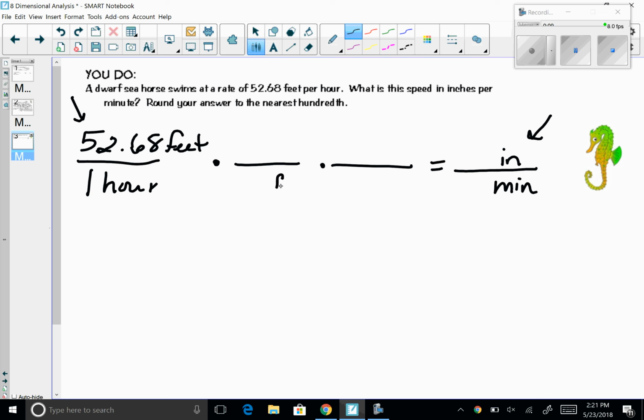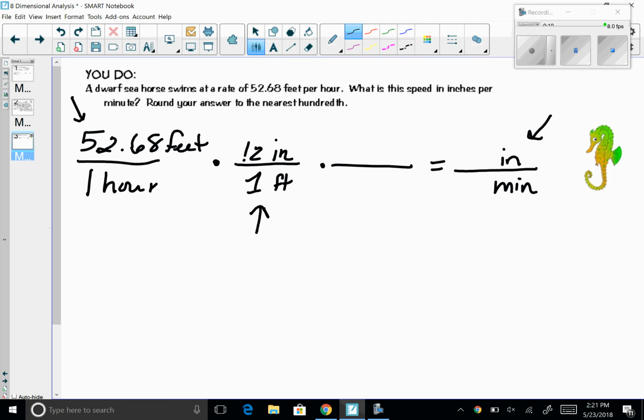So I'm going to need feet on the bottom so that my top and my bottom are going to cancel out. I also need inches on the top, and I know that there are 12 inches in 1 foot. So that conversion rate is going to help me so that I get inches in the numerator and feet to cancel out on the bottom.